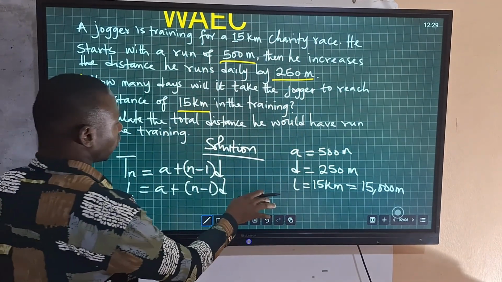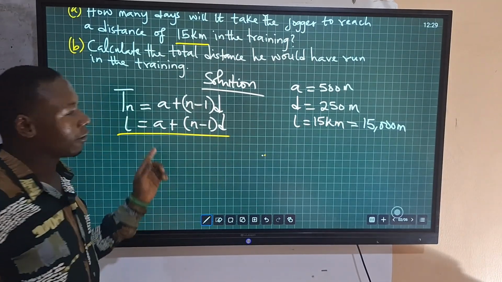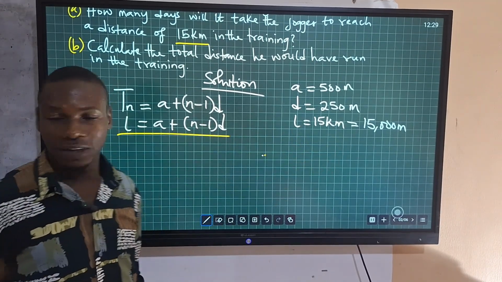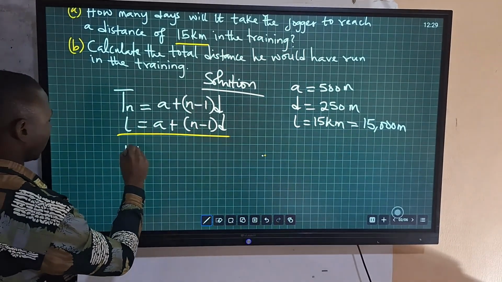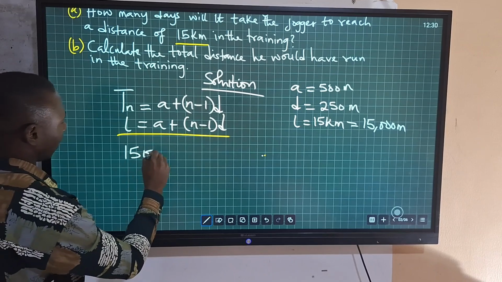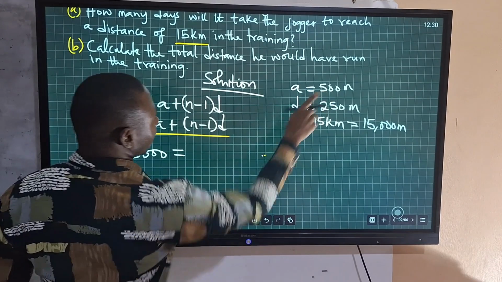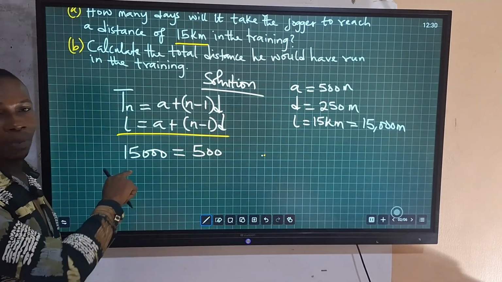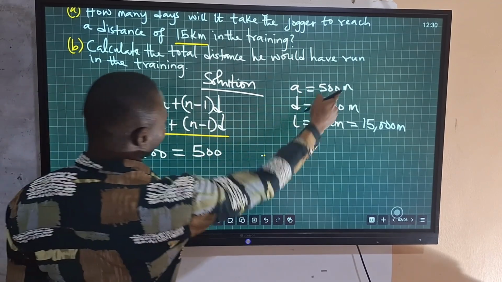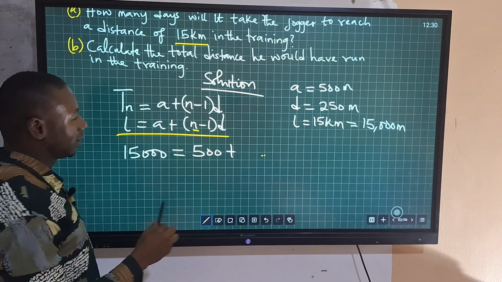So we use this second formula, the formula for the last term, to solve this exercise. So our last term is 15,000, which is equal to our first term, 500. Remember that all the parameters I'm using here are in meters. Then what I'm looking for is n.